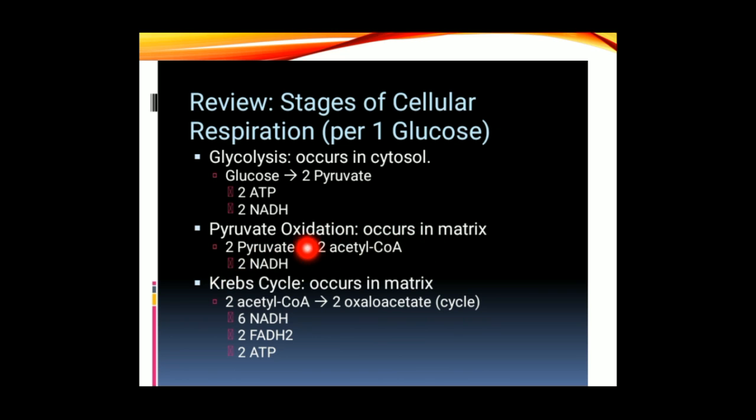The Krebs cycle occurs in the matrix of the mitochondria, in which 2 acetyl coenzyme A go through the whole cycle and release 6 NADH, 2 FADH2 and 2 ATP. This was the overall idea, and today we will discuss stage 4, that is the electron transport chain.